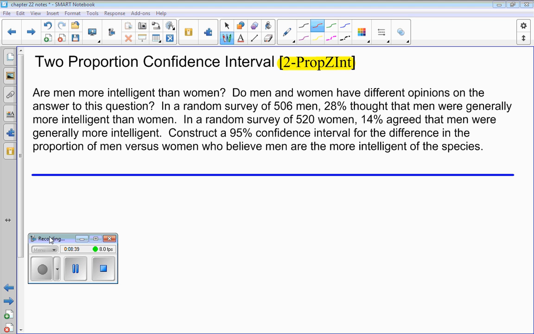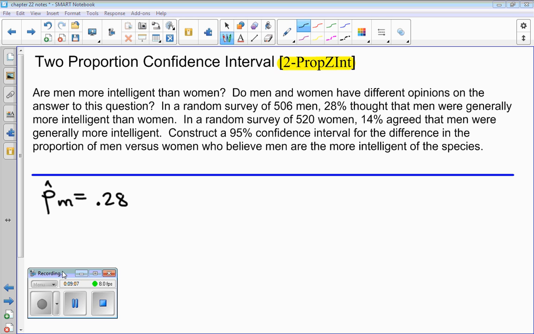Okay, so I'm going to say that P hat for the men is going to be what? 0.28. Okay, so out of the men, 28% thought that men were more intelligent. Okay, and we should probably identify that we're talking about men being more intelligent, right?